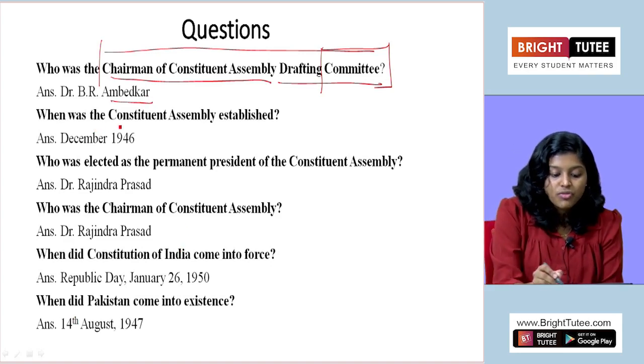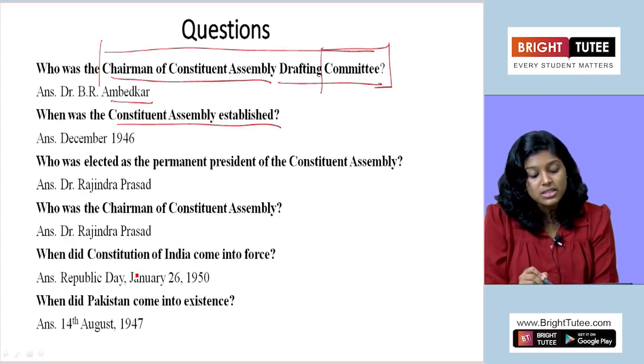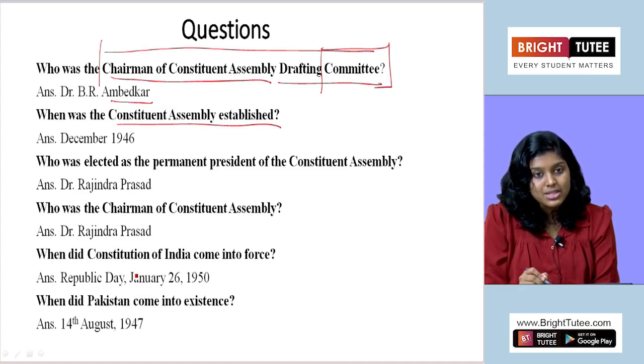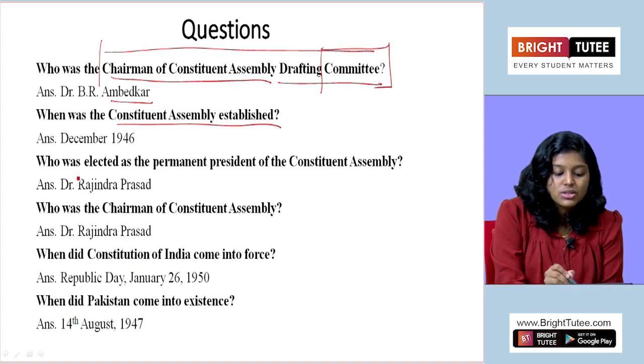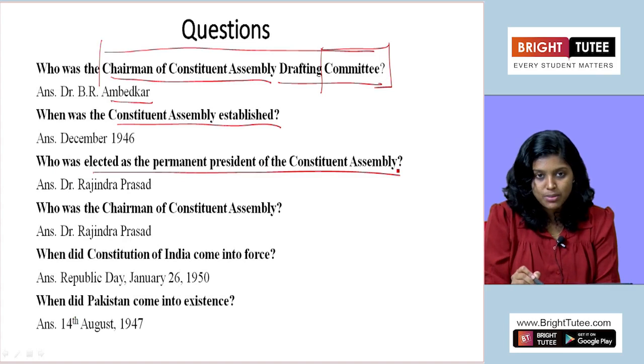Next question is, when was the Constituent Assembly established? It is in the year 1946 in December that the Constituent Assembly got established. The other question is, who was elected as the permanent president of the Constituent Assembly?